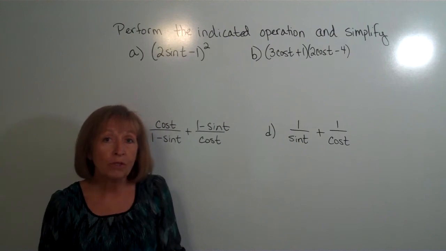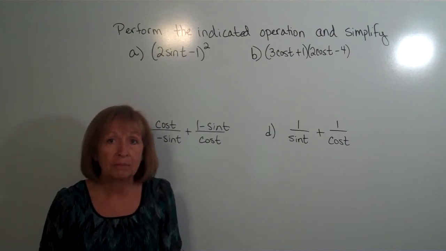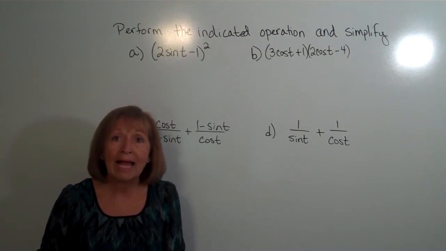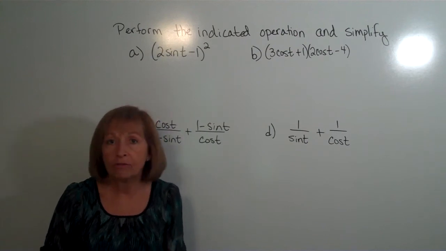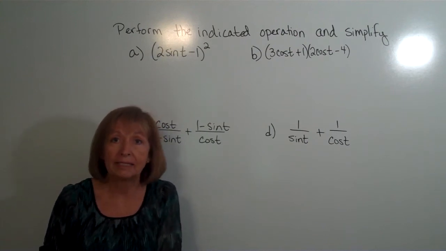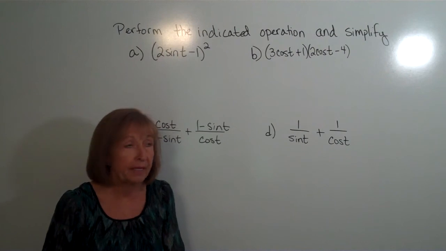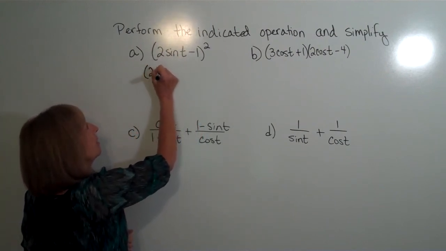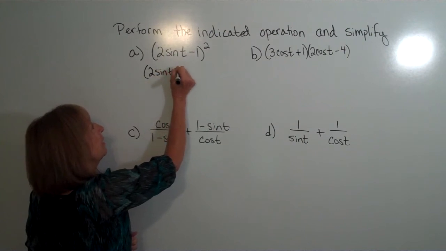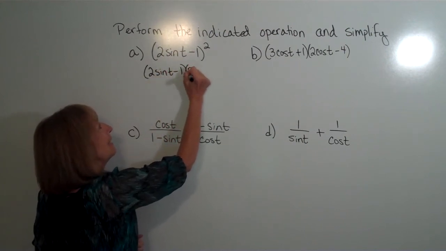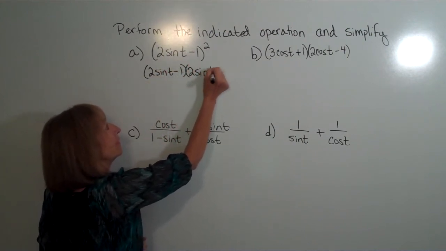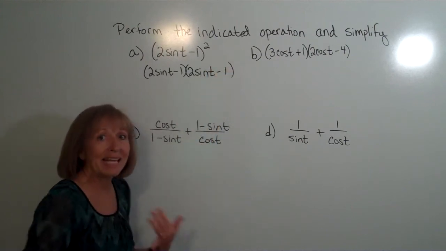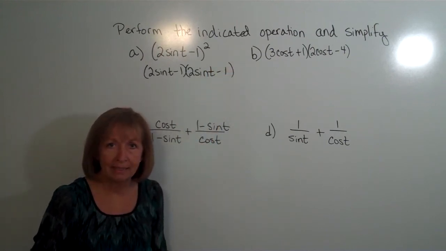And if I have more than one term in a parenthesis that's being squared, I have to multiply all of the terms of one grouping times the terms of the other grouping. So I want to write this out as 2 sine t minus 1 times itself, because that's what squaring something means.